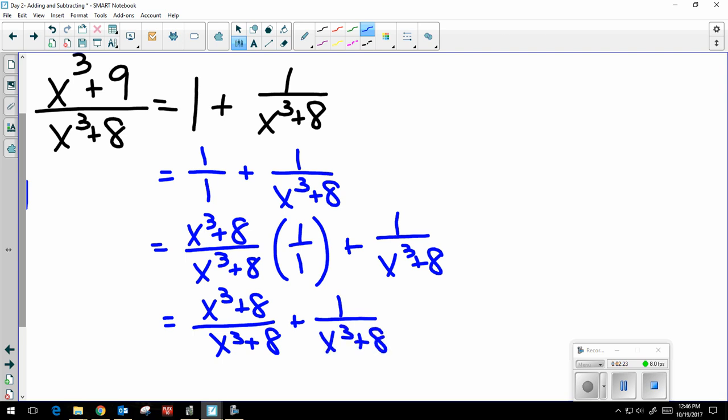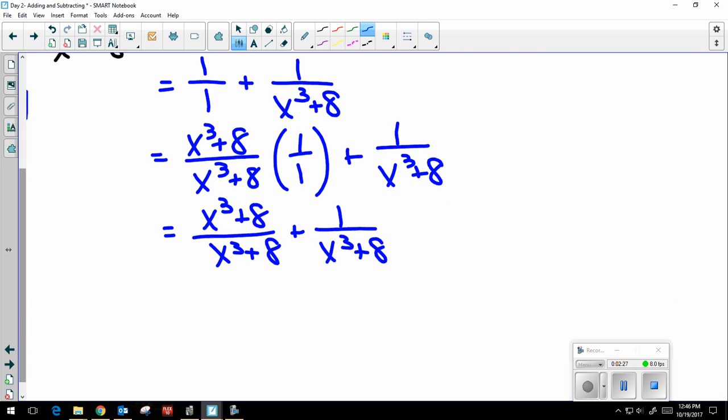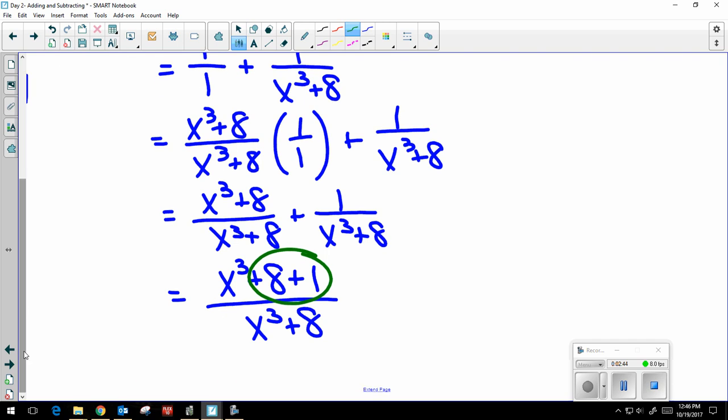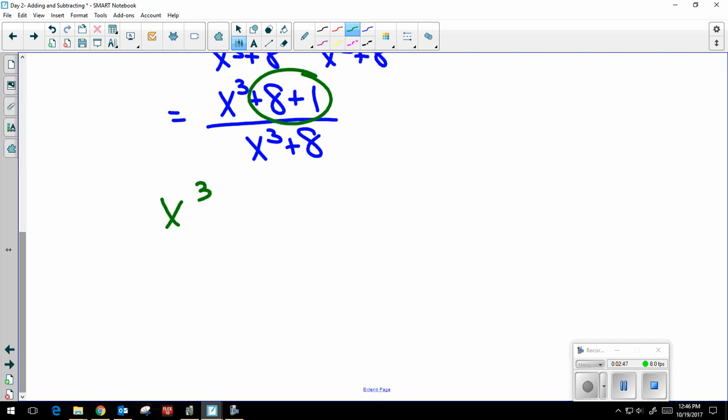So now that I have a common denominator, I'm going to combine my numerators. So I have x cubed plus 8 plus 1 over x cubed plus 8. In my numerator, I have like terms. I have an 8 and a 1. So when I combine them, I'm going to get x cubed plus 9 over x cubed plus 8.